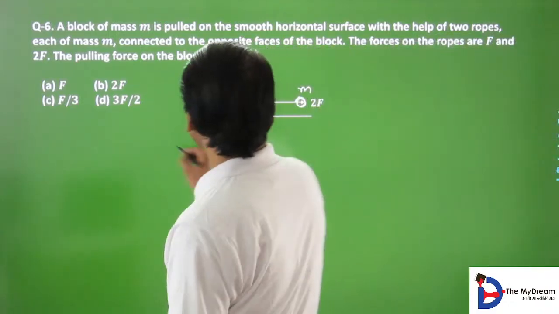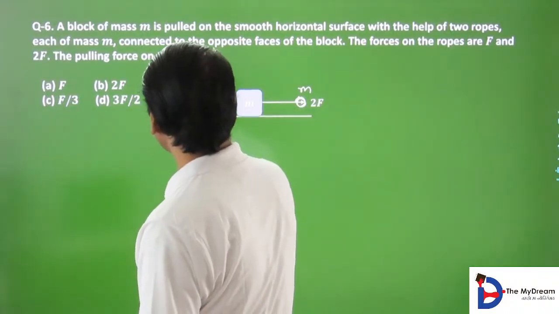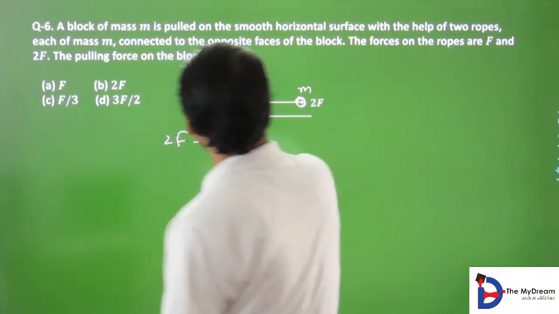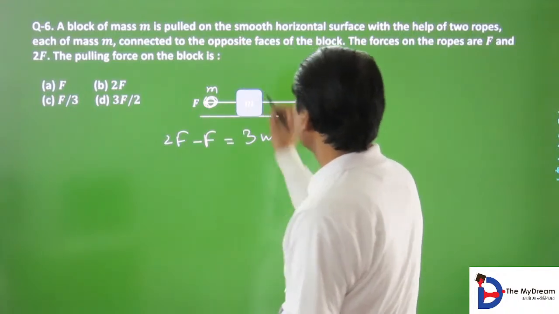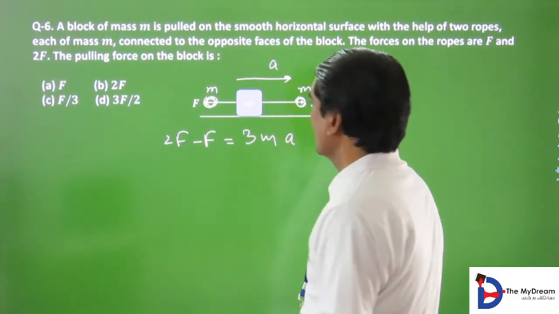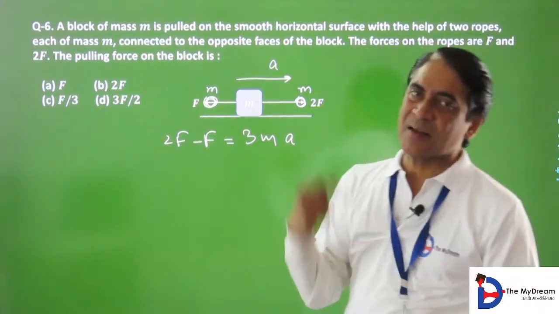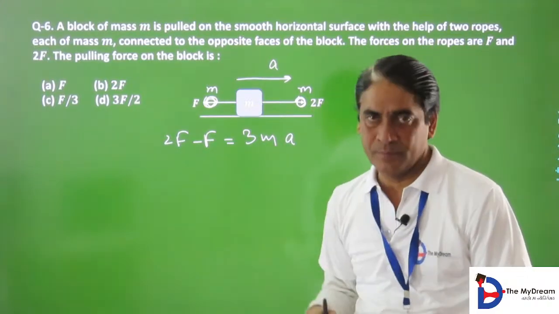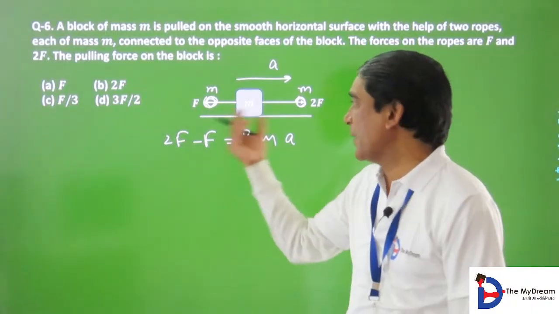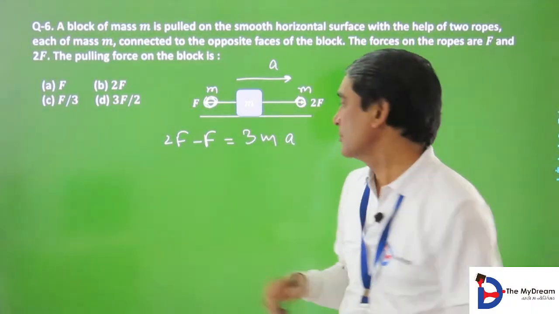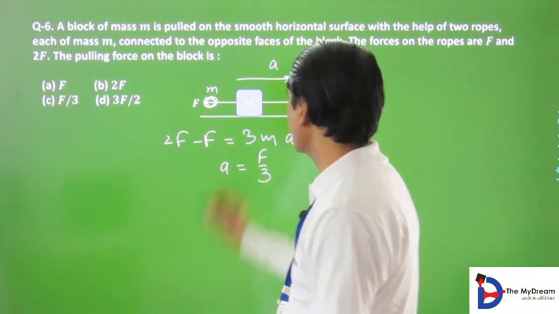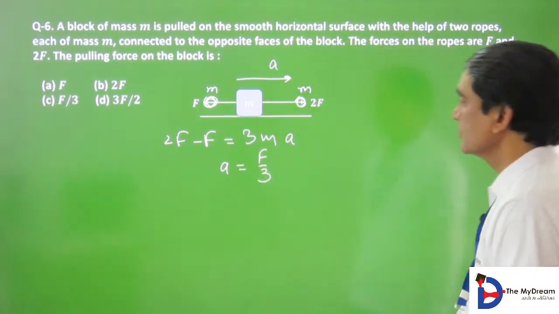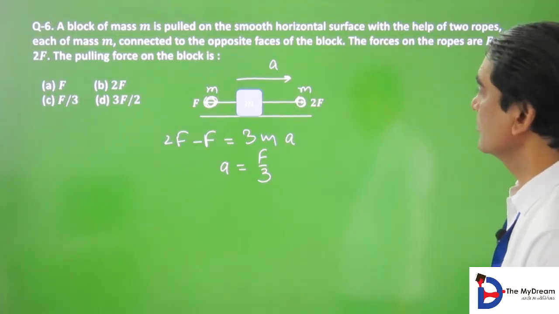so 2F minus F is equal to 1, 2, 3 times A. The total mass of the system is thrice of m, because each rope has the same mass, so you will get A as F by 3m.